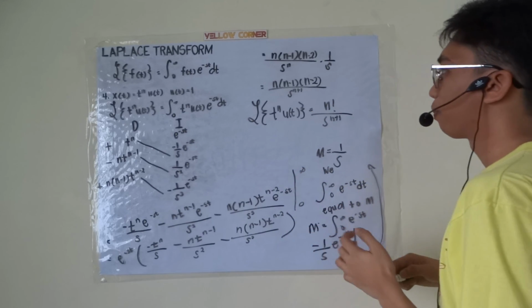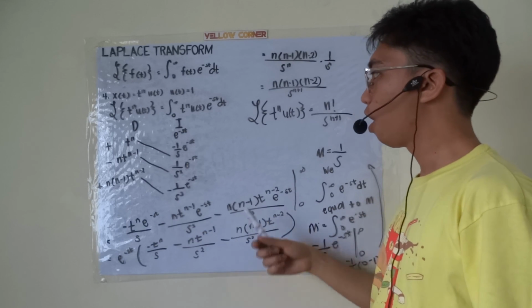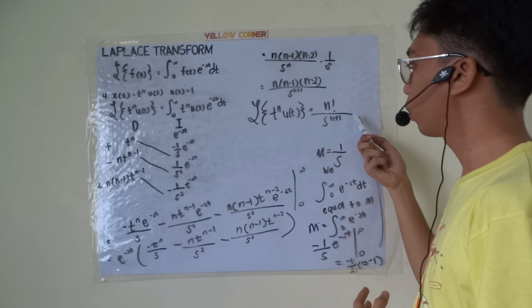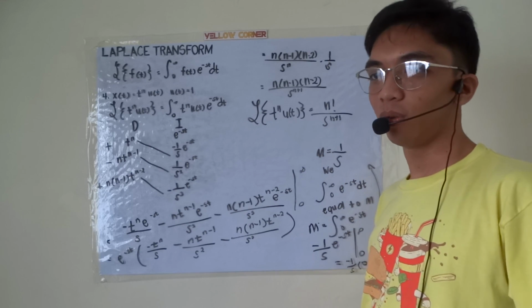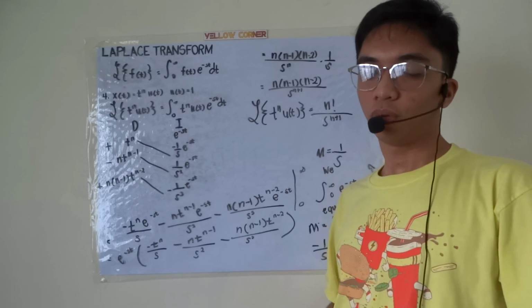So we have the Laplace transform of t raised to n u of t is equal to n factorial over s raised to n plus 1. And that is our Laplace transformation.